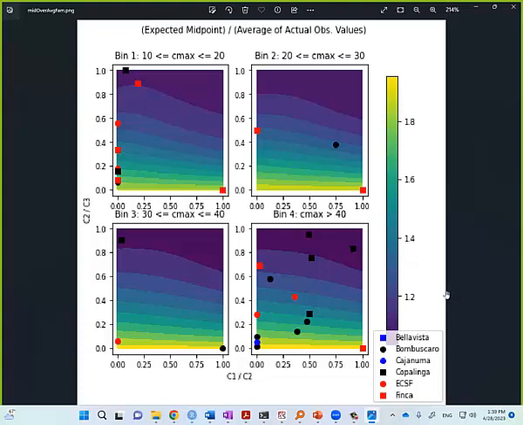Yeah, that makes sense, because remember that Bomboscaro is at the same elevation, but in Bomboscaro the forest is more closed, and it's relatively more difficult to record the species.